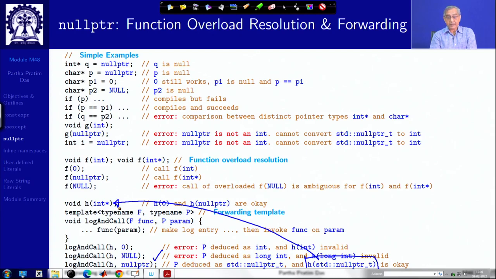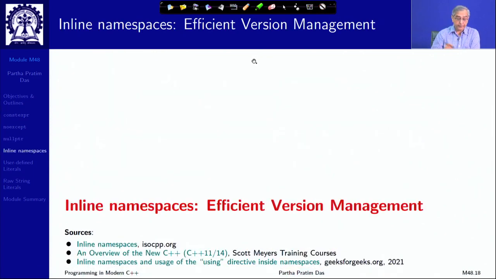So, this function matches and the template will get forwarded easily, right. So, these are the two problems that the introduction of nullptr solves in terms of function overload resolution and in terms of forwarding templates.